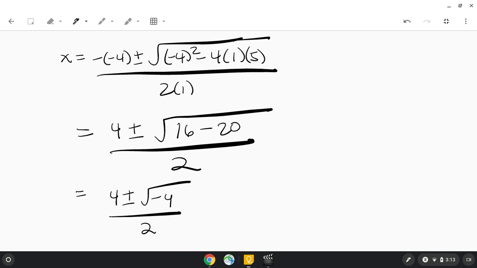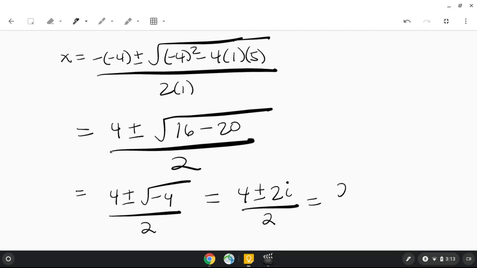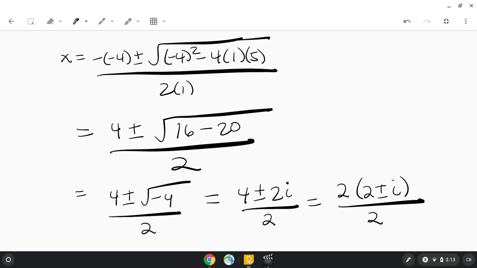The square root of a negative number will be imaginary. So that's going to be 4 plus or minus 2i over 2. Factor out a 2 from the numerator, and when I factor that out, I can cancel it.